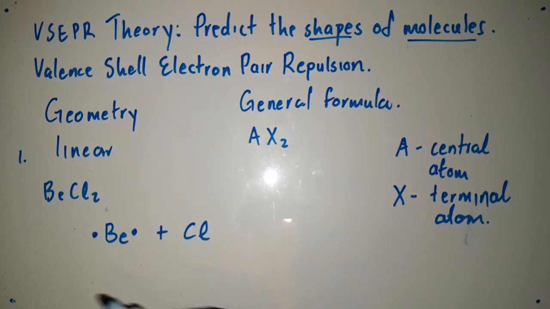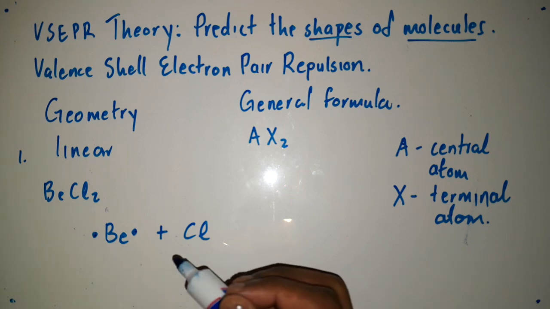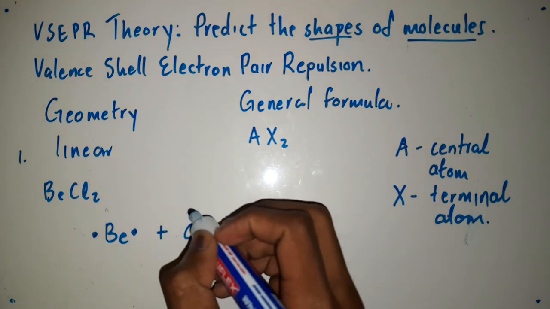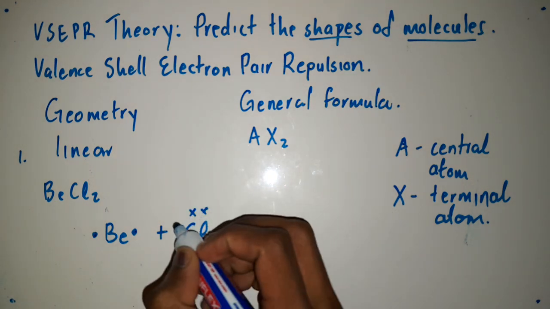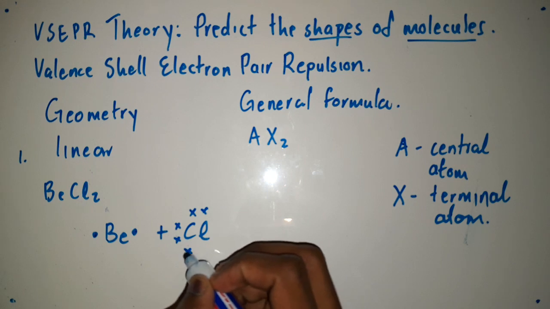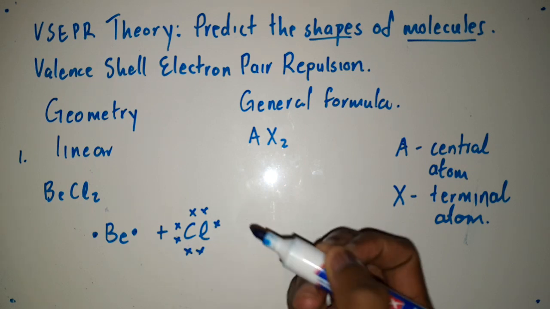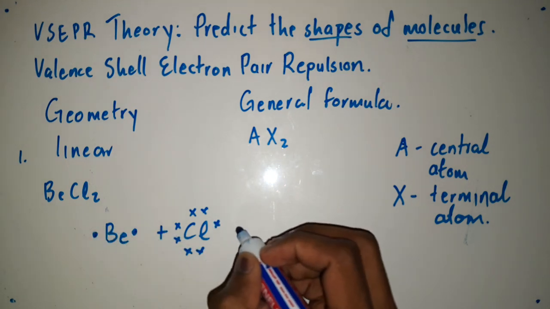We know that Cl exists in group number 17, which means it's going to have 7 electrons in the outermost energy level, but we have 2 of them.